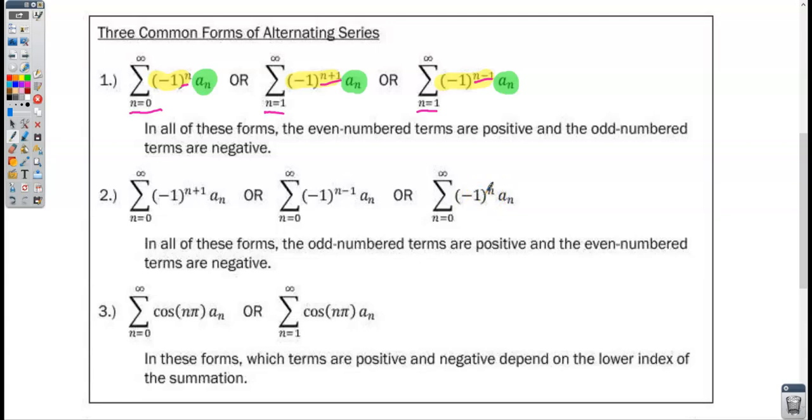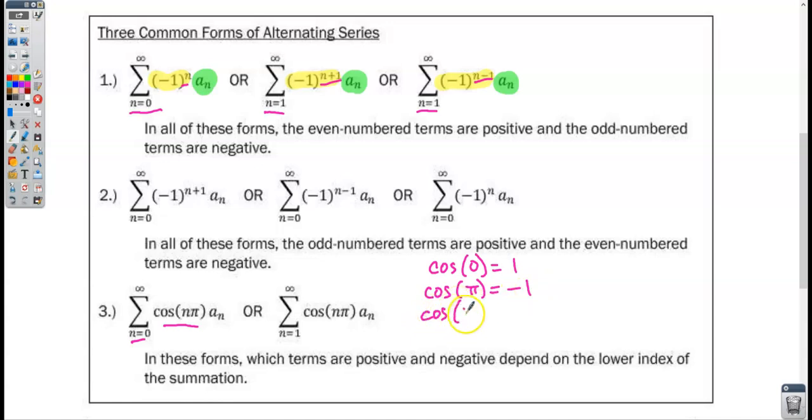And this third one is not necessarily obvious to people that it's an alternating series, but you have to consider what's going on here. When we have the cosine of n pi as an alternator, imagine this one, for instance. That first one is cosine of 0 pi, and we know that cosine of 0 is 1. When I put n equals 1 in here, it's cosine of pi, and we know that the cosine of pi is -1, because it's on the opposite side of the unit circle.